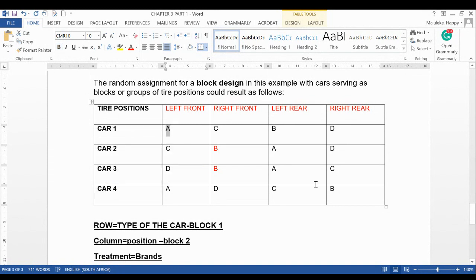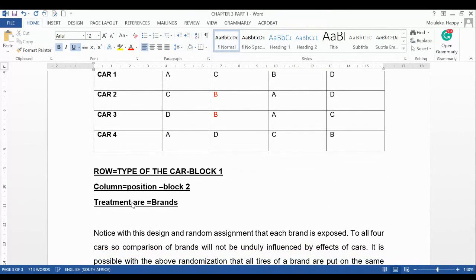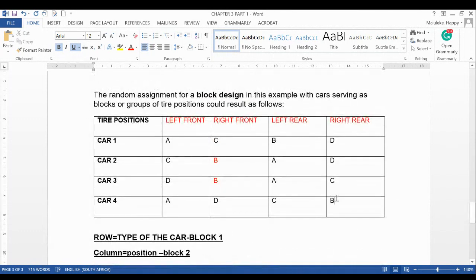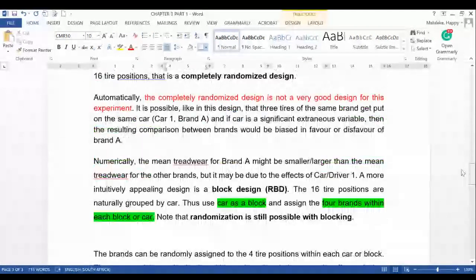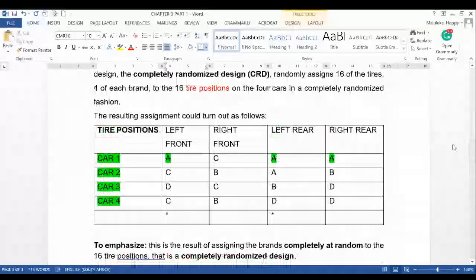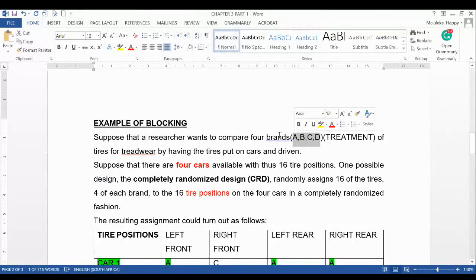The letters, the treatments, are represented by letters. So you must go back to the statement. What are these letters representing? These letters represent the brand of the tire. The brand will represent the treatment.